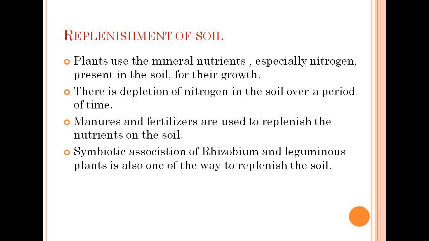Now we are going to discuss replenishment of nutrients in the soil. Plants use the mineral nutrients, especially nitrogen, present in the soil for their growth. As a result, there is a depletion of nitrogen in the soil over a period of time. Manures and fertilizers are used to replenish the nutrients in the soil.